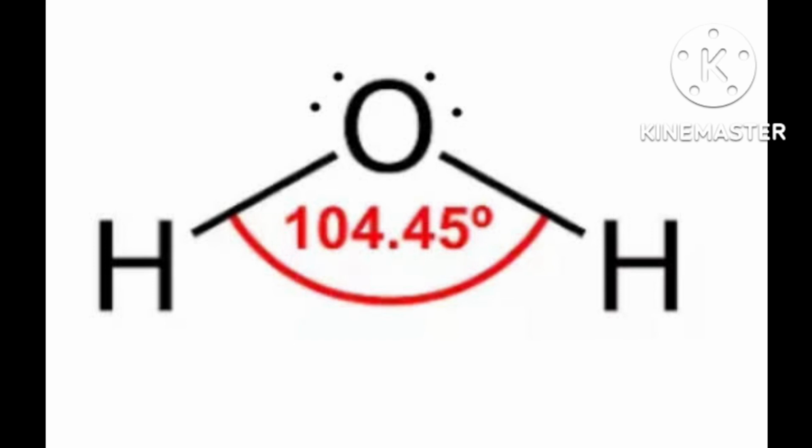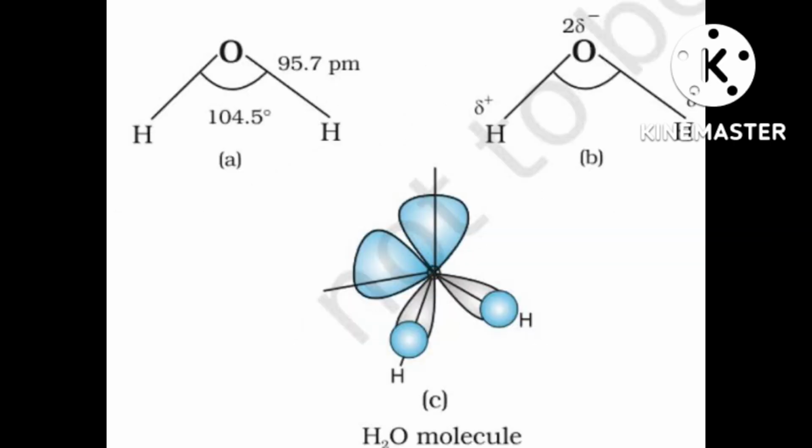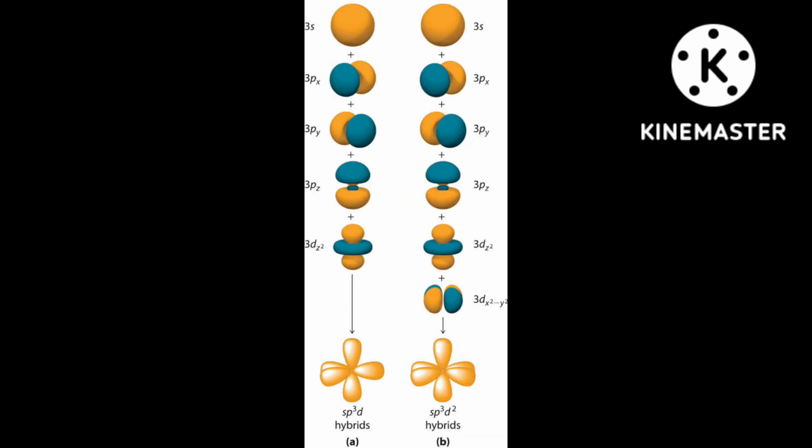In NH3, first to understand, the valence shell, meaning the outer electronic configuration of nitrogen in the ground state. Actually, 7 electrons are there: 1s square, 2s square, 2p3. Then 3 electrons are there, 1 in each of px, py, pz.